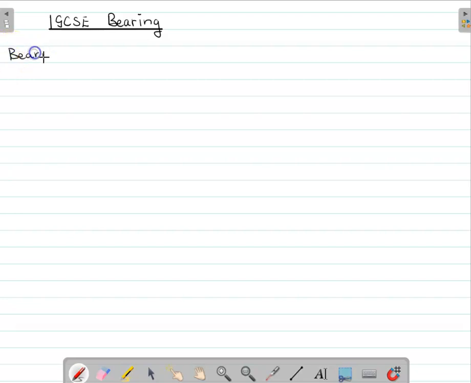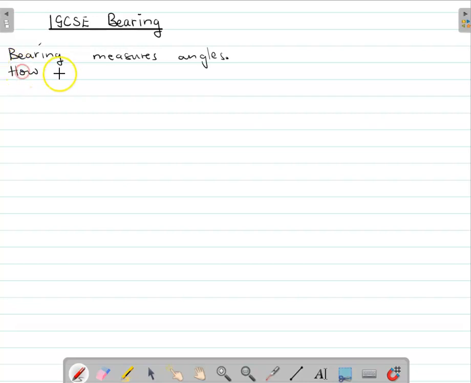So bearing measures angles. This can be the first thing you should understand. Bearing measures angles.